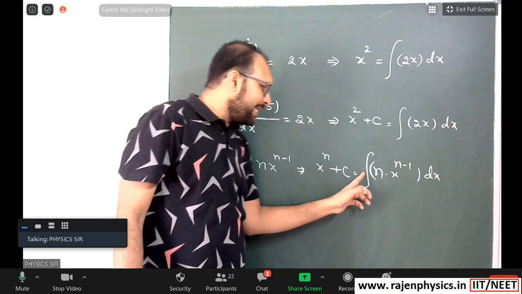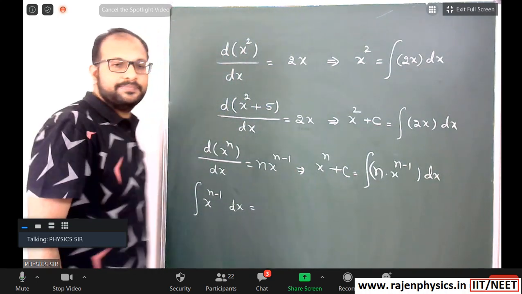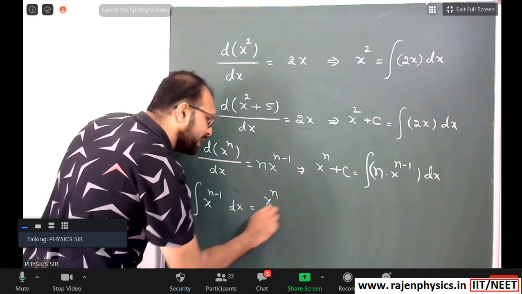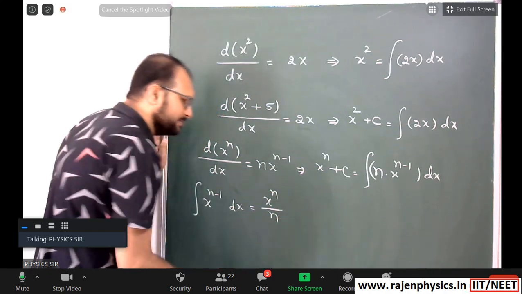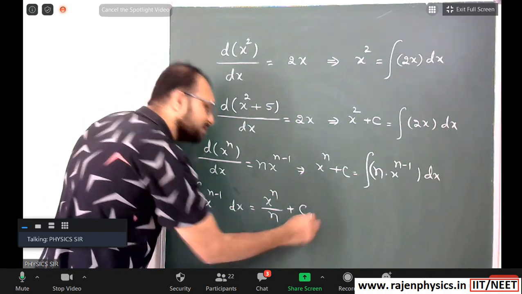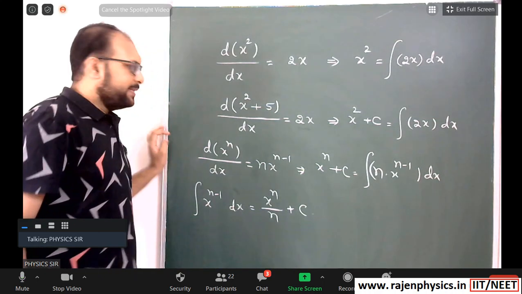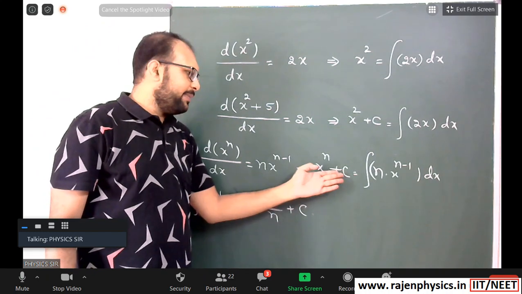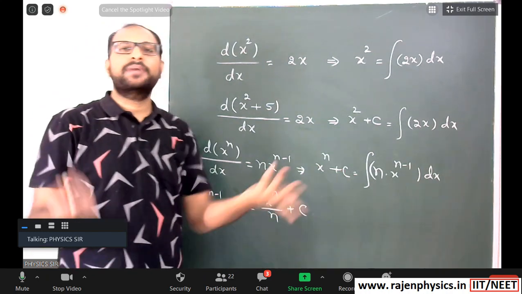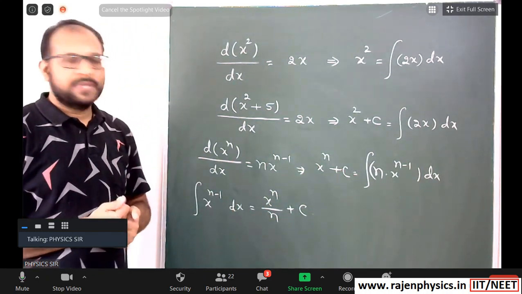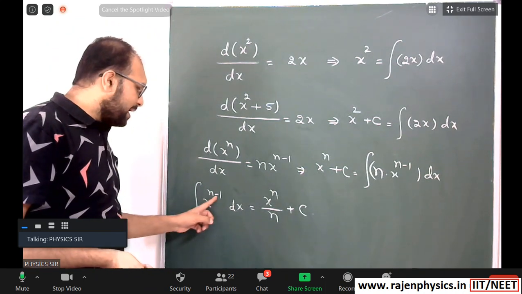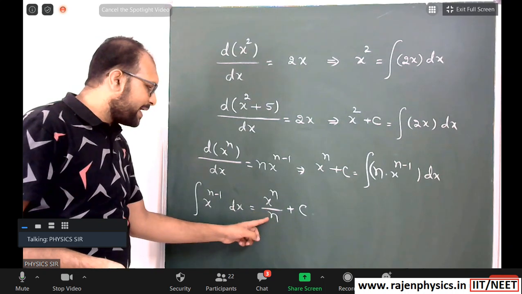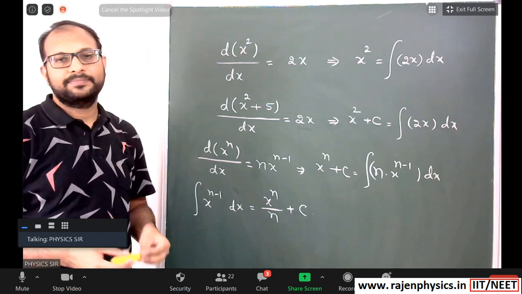So that n I am sending to the left side. After sending, x to the power of n divided by n plus constant. This one, don't get confused: here it is c by n, here only c is written. Maybe that constant is different, this constant is different, some constant we don't know. So integral x to the power of n minus 1 dx equal to x to the power of n by n plus c.